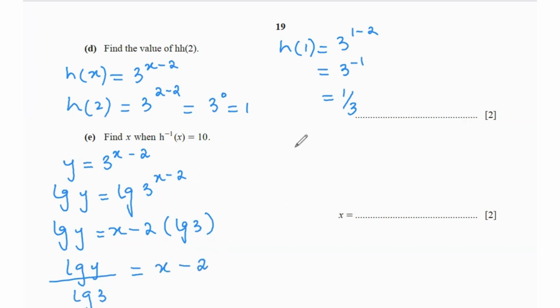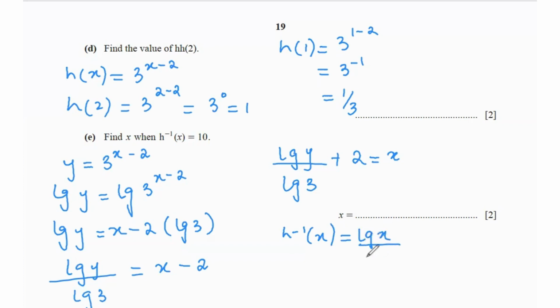Next, we take 2 to the other side. So we have log of y divided by log of 3, plus 2, equals x. Now we can see that x is the subject instead of y. So we can replace this by h inverse of x, which is log x over log 3 plus 2.